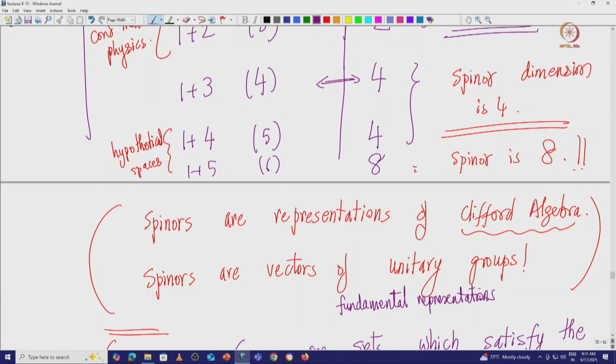Now this looks like a big word. We haven't done any group theory, so to start doing group theory, we won't do the full group theory, but we will do the group theory which is required for us.